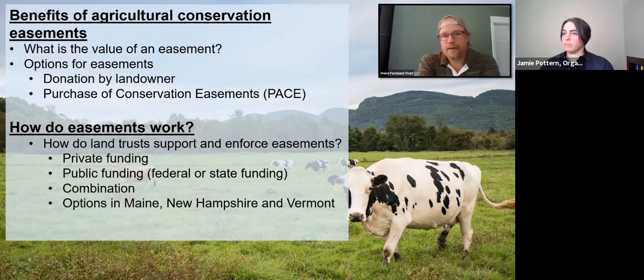But the money can be essentially private philanthropic capital, donations that are raised from the community or from members to fund this type of work, or it can be done with public money. That's through federal or state grant programs that exist to provide funding for this type of agricultural conservation work, or it can be done through a combination of both of those things.